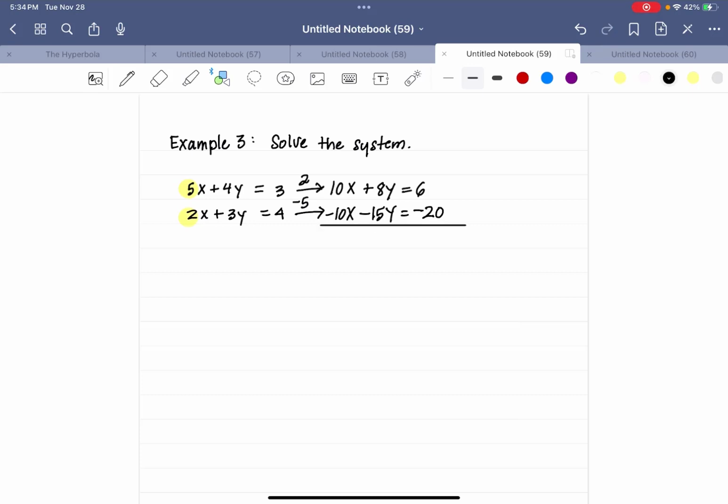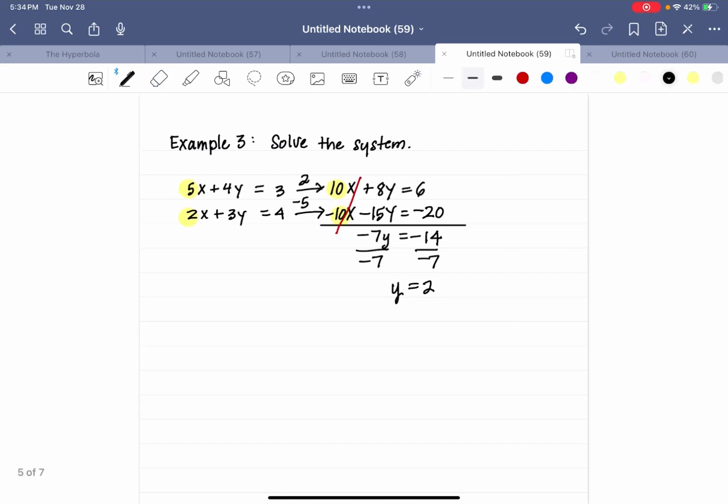Because I now have a negative 10 and a positive 10, those will cancel out, and I'll be left with a negative 7y equals negative 14. Divided by negative 7, y equals 2. Then I'll use substitution, doesn't matter which one, so I'll do it in the first one.